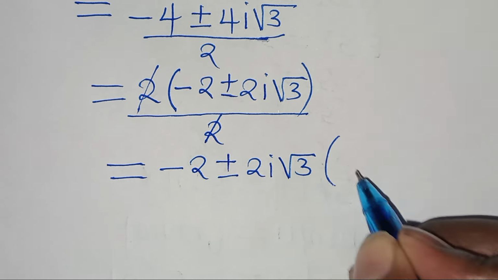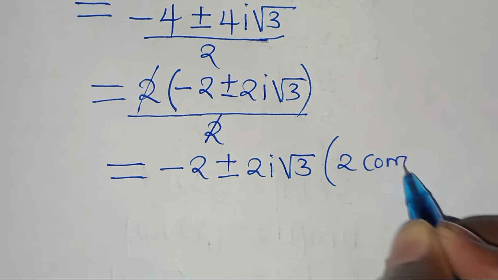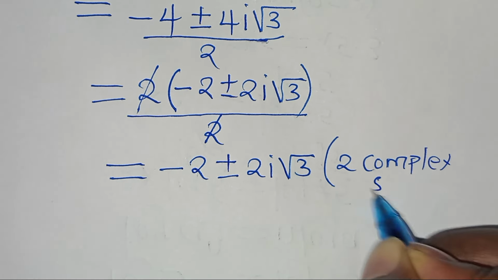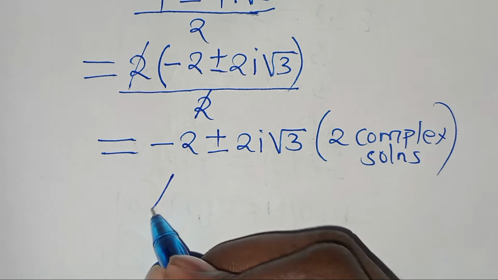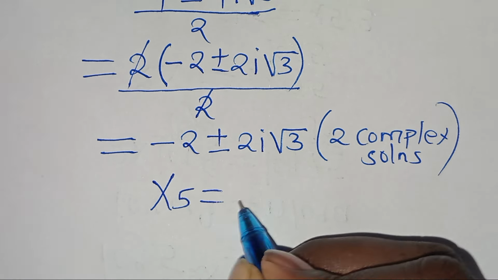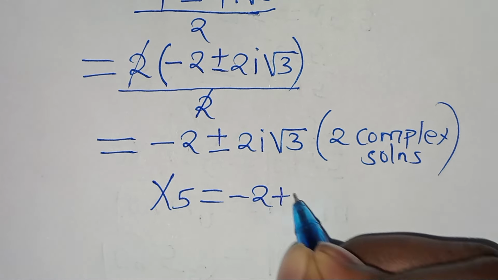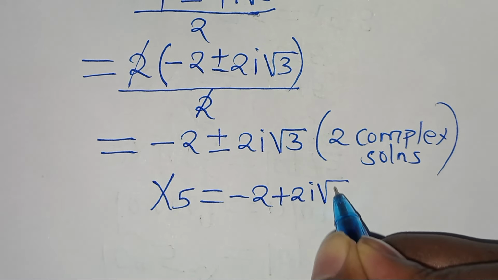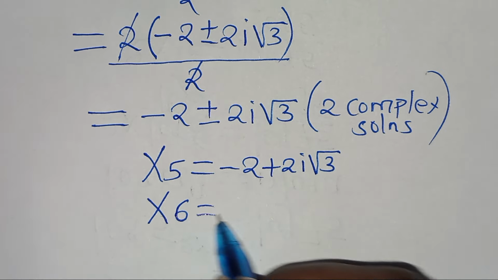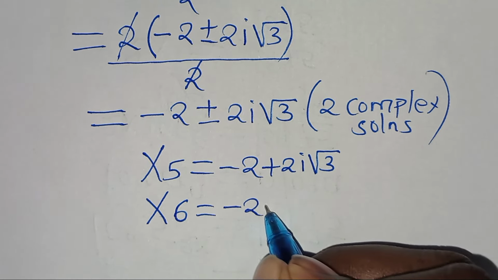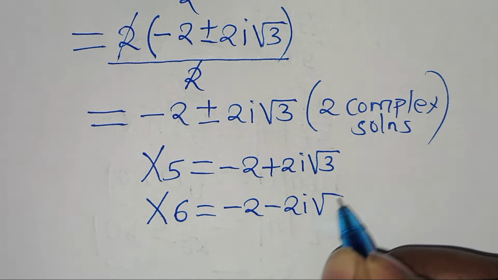So again, these are two complex solutions under case 2. And this implies that x5 is equal to minus 2 plus 2i square root of 3, and x6 is equal to minus 2 minus 2i square root of 3.